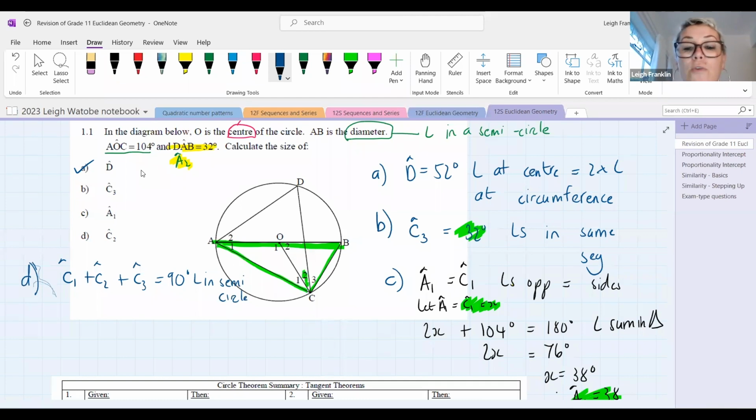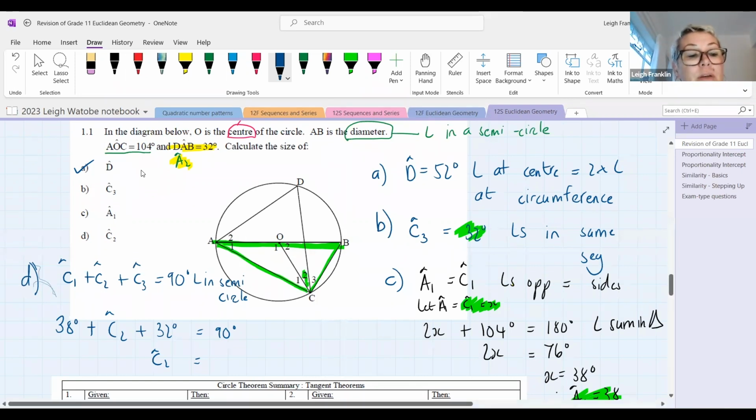We know that C1 is 38, C2 is what we're solving for, and we know that C3 is 32. So C2 is going to be equal to 90 minus 32 minus 38. That means that C2 is really small, isn't it? It's going to be equal to 20 degrees, which I think somebody said.